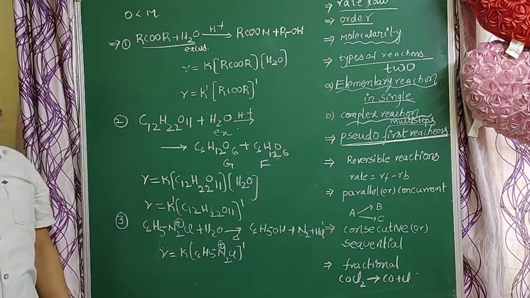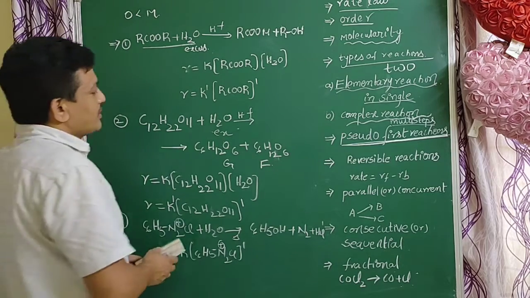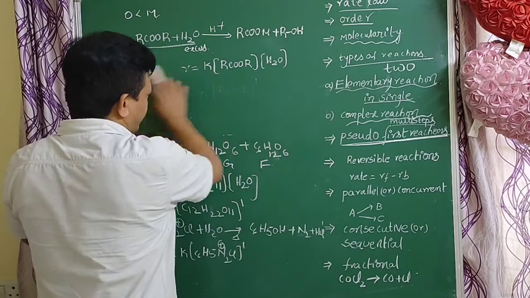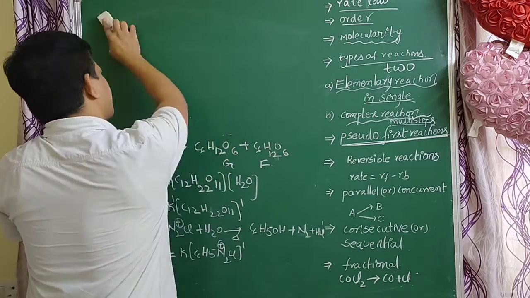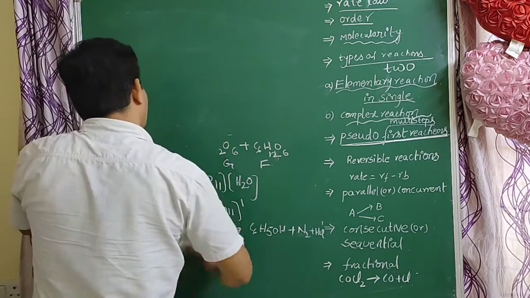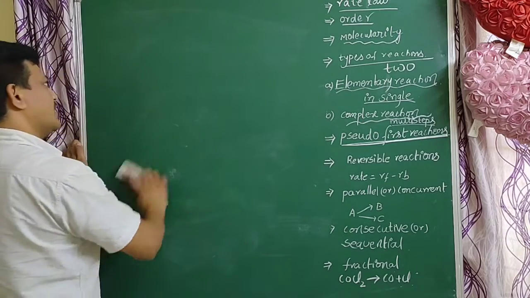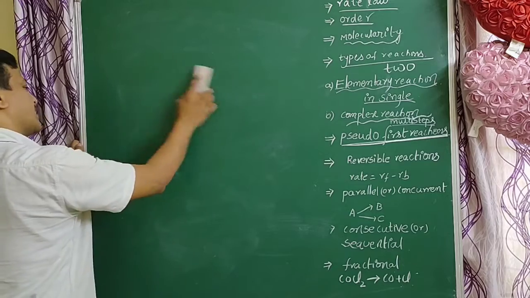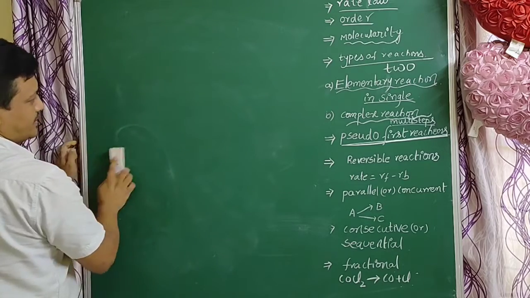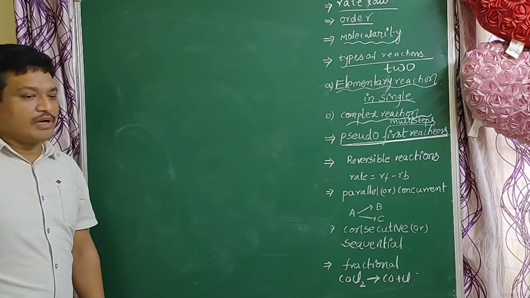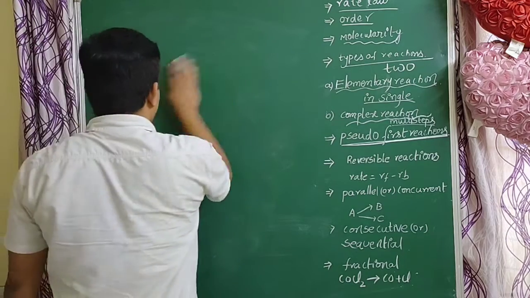So next, go to reversible reactions. How to write the rate equation for reversible reactions? For reversible reactions, you have to write rate equal to forward reaction minus backward reaction. That is very important.